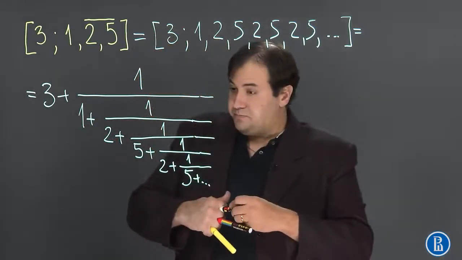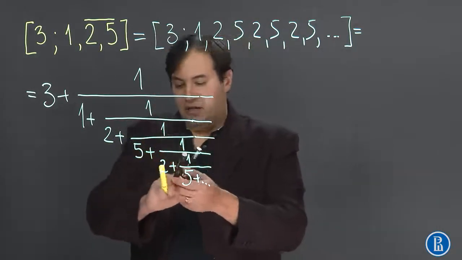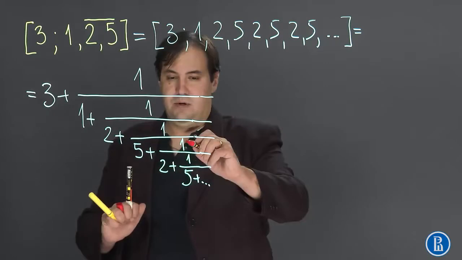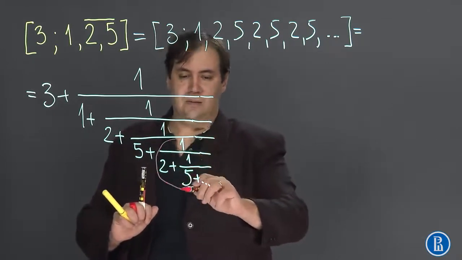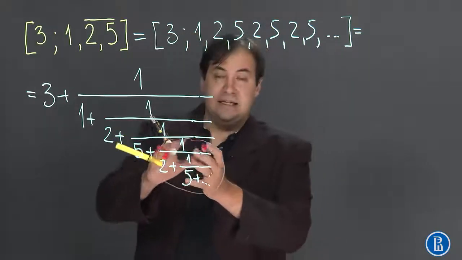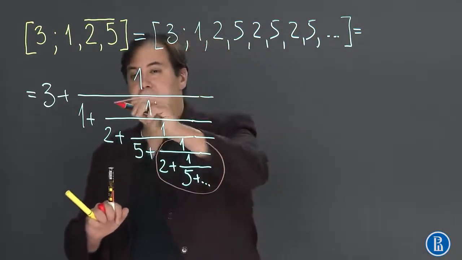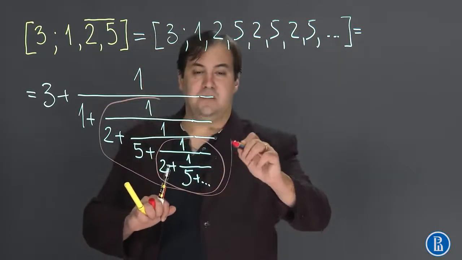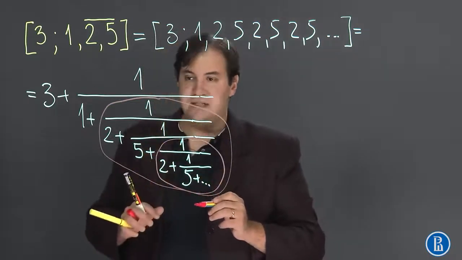And now notice that this part here, beginning from 1 over 2 plus 1 over 5 and so on, is the same. Since it is infinite, it is the same as this part here. Well, what does this mean?